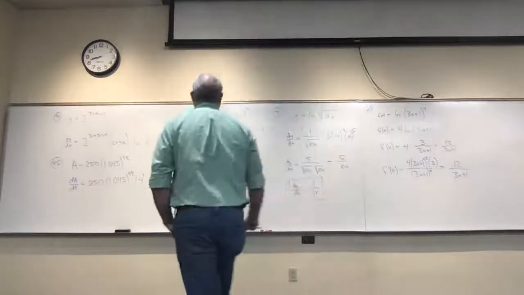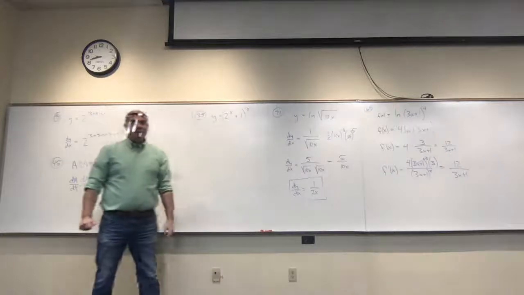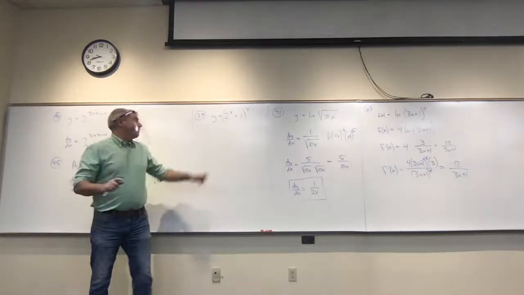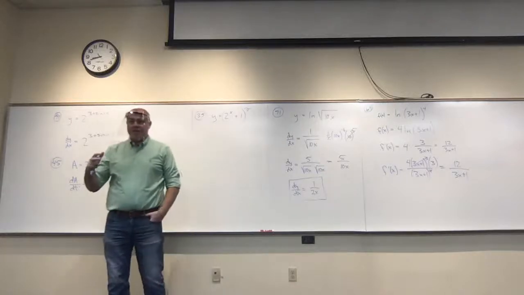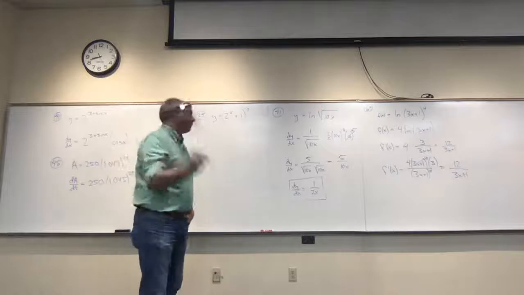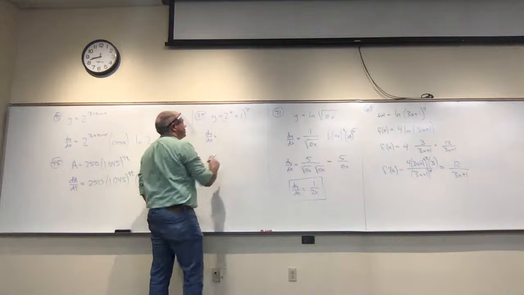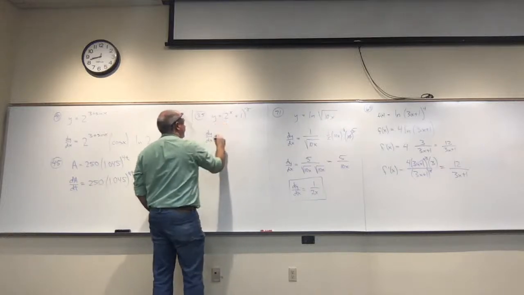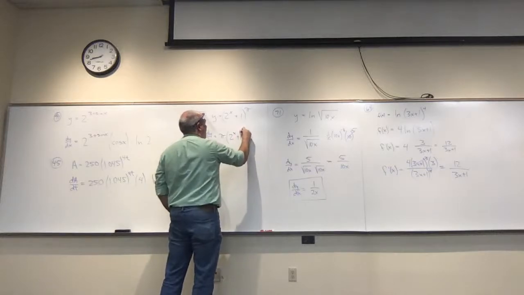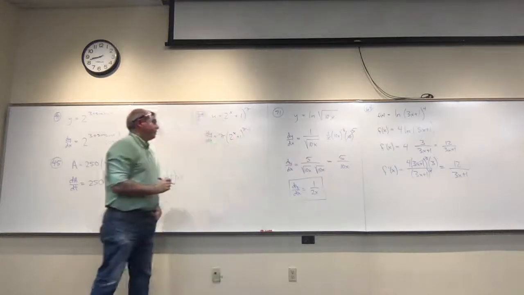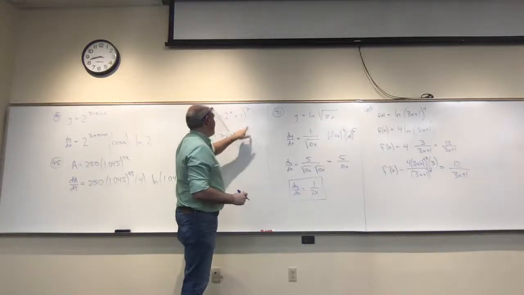Perfect. Okay, so the first thing that I see is I have something raised to the pi. So that's a power rule problem because pi is a constant, right? Pi is not x. It's just a number, 3.1415, whatever. So we've got dy dx is equal to, by the chain rule, I should pull that power out in front, pi times (2 to the x plus 1) to the pi minus 1. So bring down the power times whatever's inside to the pi minus 1.